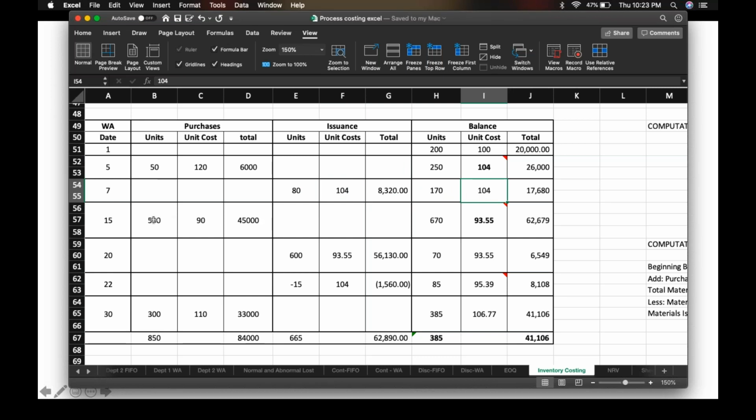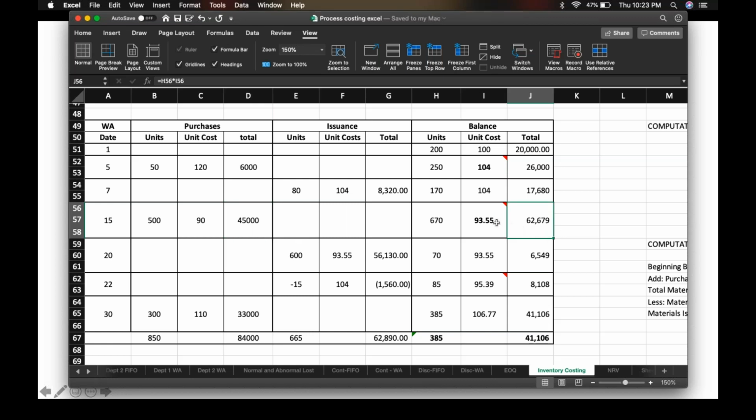Then we have new purchase, 500 units at 90. So 500 plus 170, we have 670 units. 17,680 plus 45,000, we have 62,679.